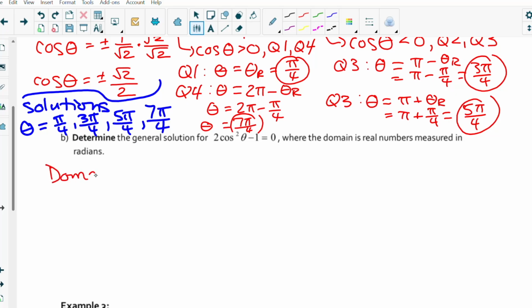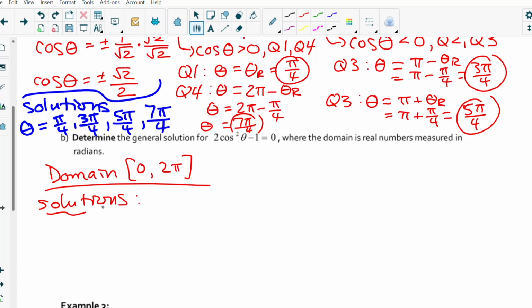Okay, so in our domain 0 to 2 pi, our solutions from above were theta equals pi over 4, 3 pi over 4, 5 pi over 4, and 7 pi over 4.